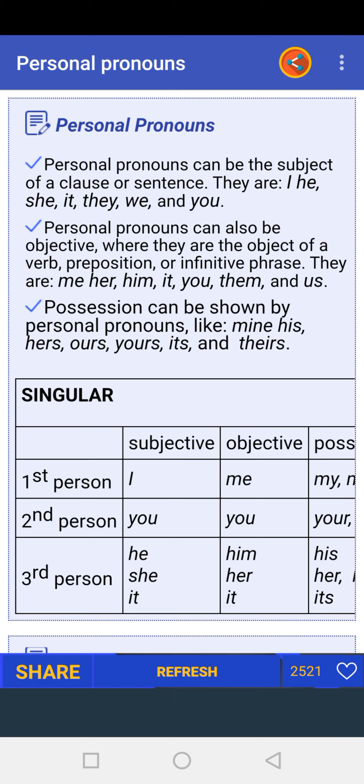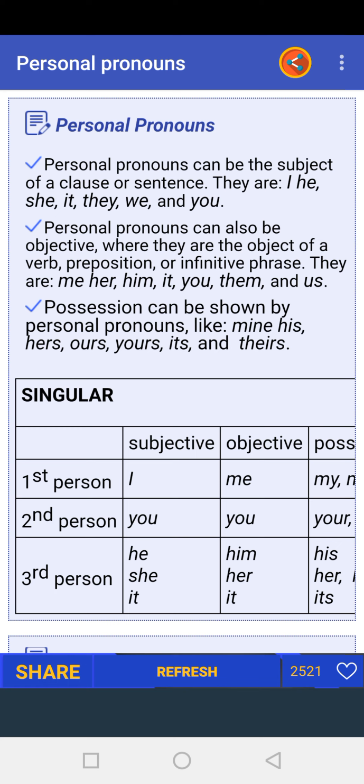Object personal pronouns, that are me, her, him, it, you, them, and us, are the recipient of the action, and they come after the verb. And possessive personal pronouns, that are mine, his, hers, ours, yours, its, and theirs, are expressing possession and belonging to.